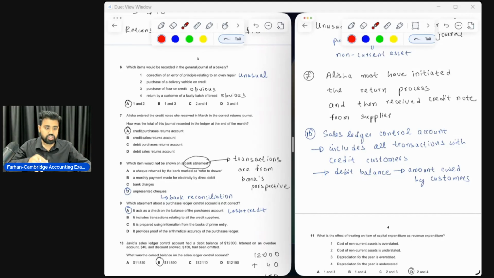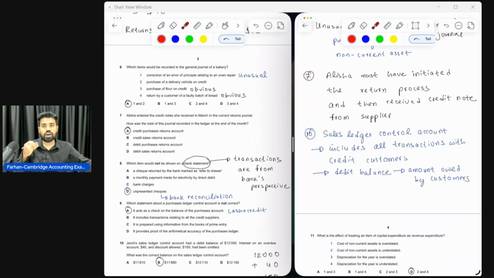So if Alicia is initiating the returns with the supplier, what does this refer to? It refers to the fact that Alicia had made purchases in the past, and now that returns have been initiated, it is purchase returns. Whenever we make purchases, we debit purchases because of the inventory, a current asset account, increasing in value.